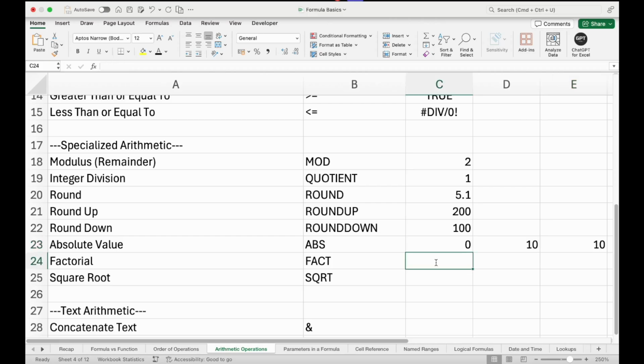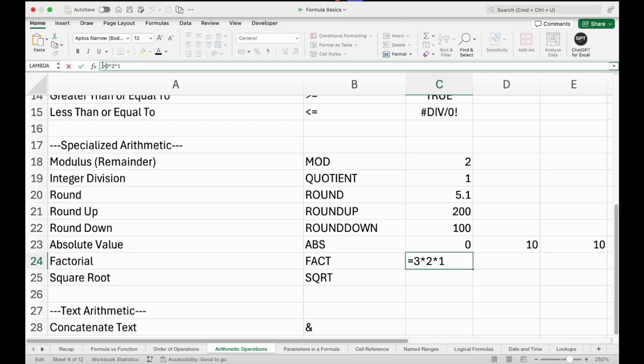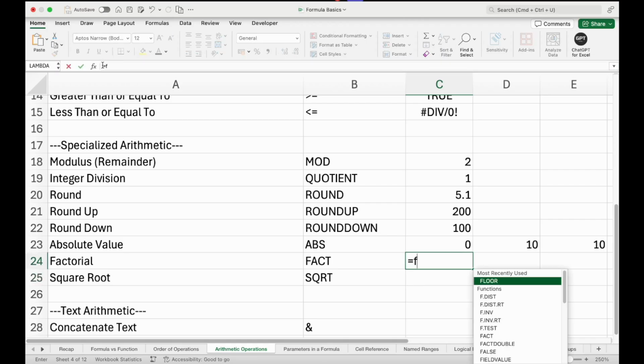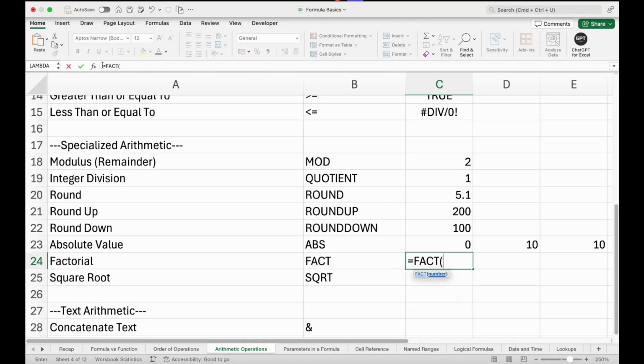So factorial is a special mathematical operation which takes the number and multiplies it by all the numbers less than that number up until 1. So if I take 3, I'll go 1 down to 2, another down to 1, and multiply all these numbers, which will become 6. Let's do it using the function: factorial of 3 will be 6.